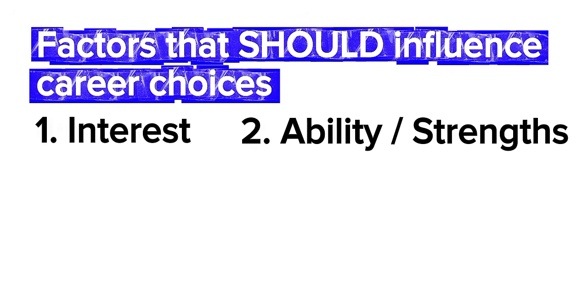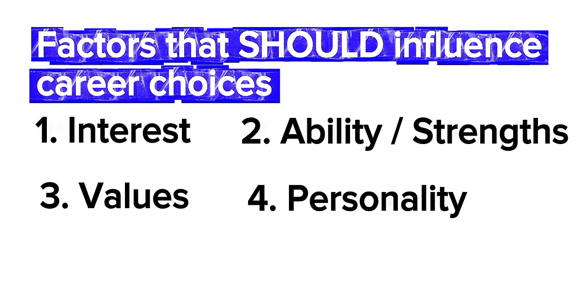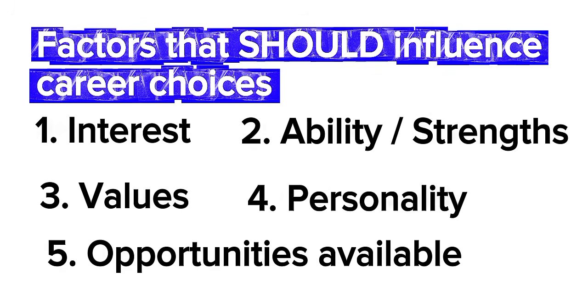And then number 3, values, what they consider important in their community, like helping people, solving problems in the community, and etc. Personality, outgoing, analytical. Then we have opportunities available in the community, in the access to colleges, resources, and etc. So those are the factors that should influence your career choice.